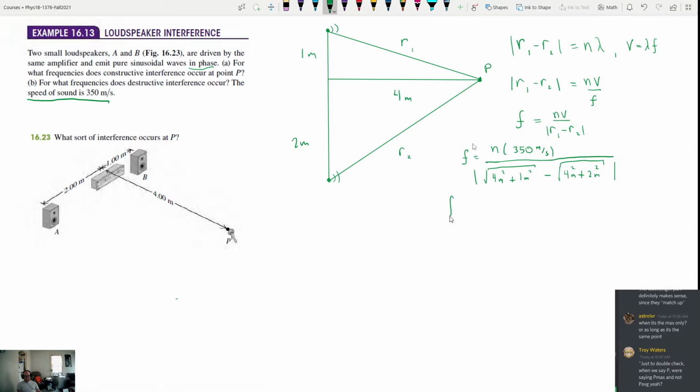And we get that the frequency should be equal to, tell me what you get, because I left my phone in the other room. Oh no, I didn't, it's right here. Anyway, tell me what you got either way.